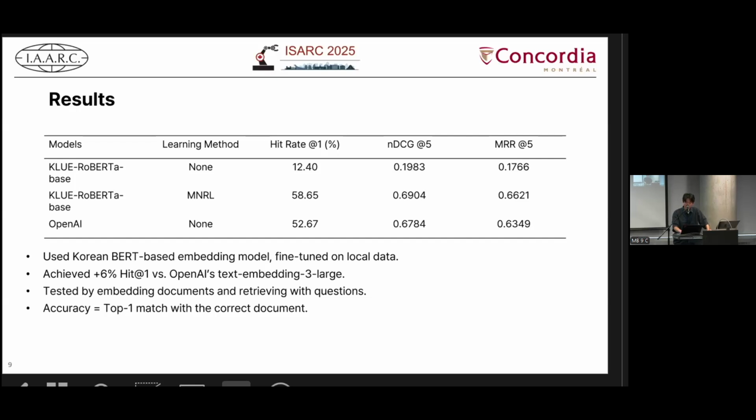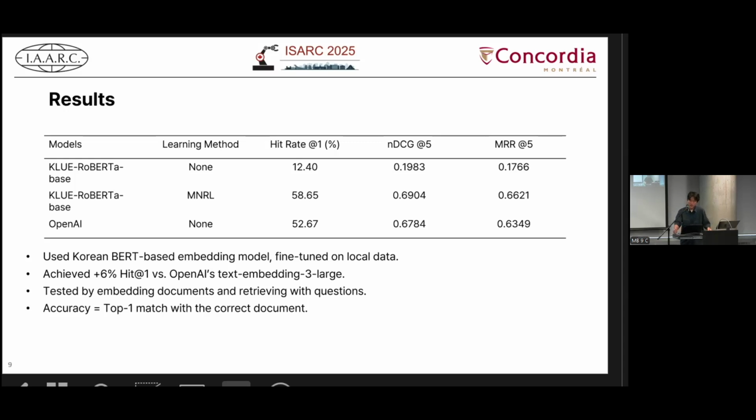For evaluation, in addition to hit rate, the normalized discounted cumulative gain, NDCG, in this table, and the mean reciprocal rank, MRR, were also used as supporting metrics to evaluate retriever quality.